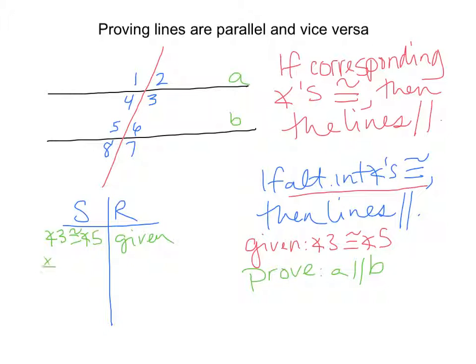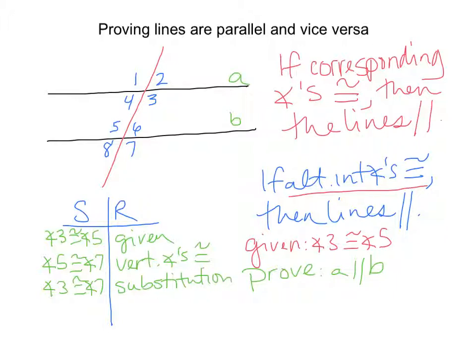But what I can say here is that 5 is congruent to 7 because vertical angles are congruent. Right? And then by substitution, angle 3 is congruent to angle 7. Substitution. And then that means that A is parallel to B because of this postulate, if corresponding angles are congruent.